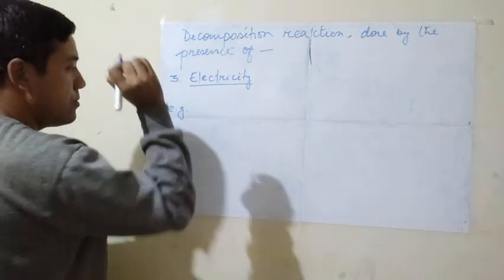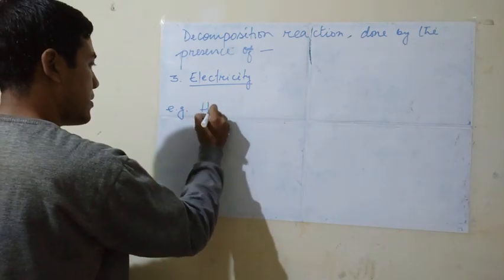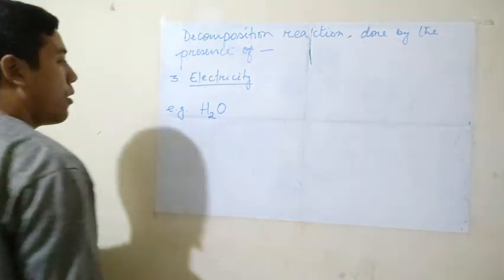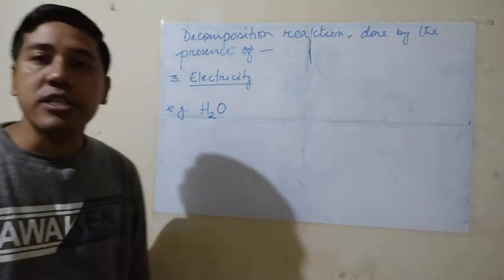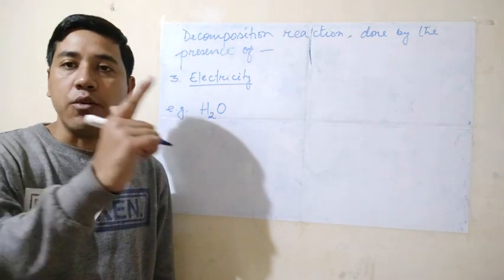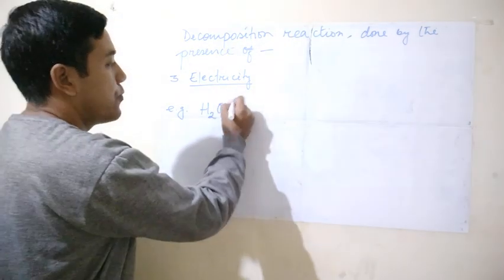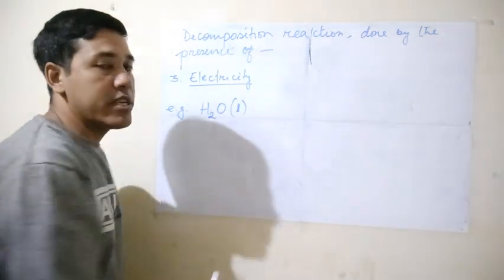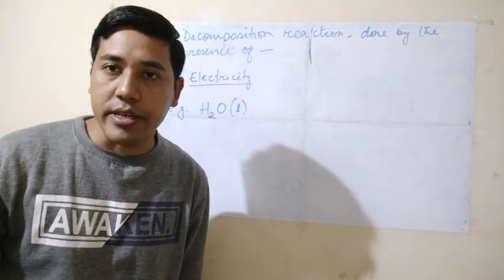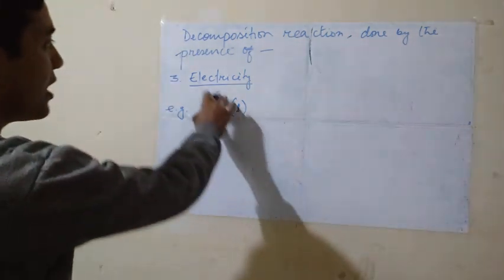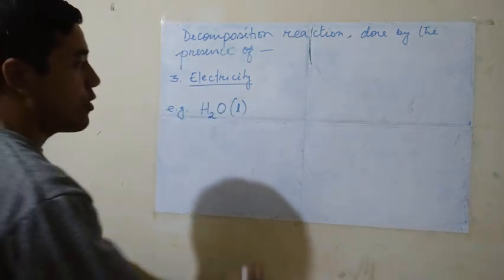Example, water. We all know that water is made up of the hydrogen and oxygen gas, right? Now this water will break down, that is splitting into what? Hydrogen and oxygen, in presence of electric current or electricity or electrical spark.